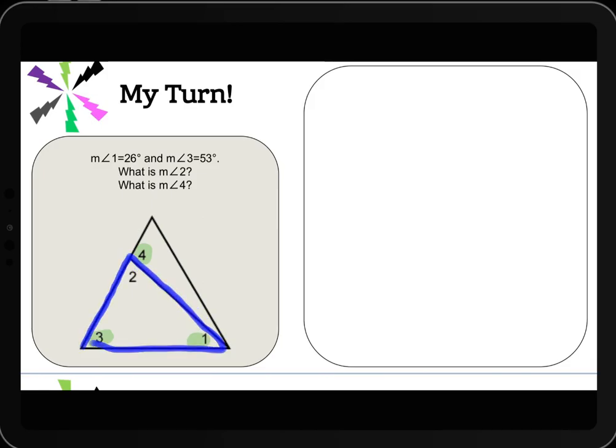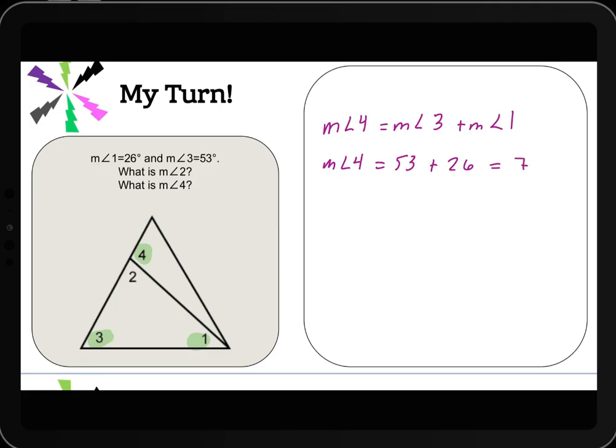So 4 is an exterior angle to that triangle, meaning that it has a value that's equal to the sum of the measure of angle 3 and the measure of angle 1. And so the measure of angle 4 is going to equal 53 degrees plus 26 degrees, which is 79 degrees. So I already know the measure of angle 4 is 79 degrees.